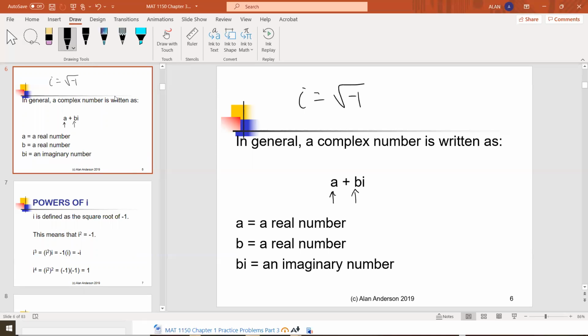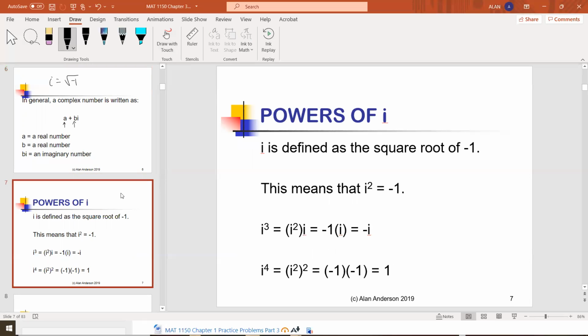All right, so let's check this out. We'll start with i squared. Now, clearly, i to the first power is just i. You don't have to worry about that. But i squared, now what is this? If I take i squared, what have I done?